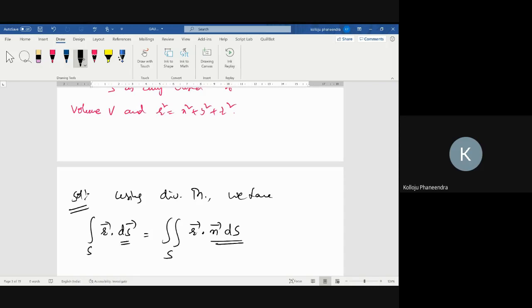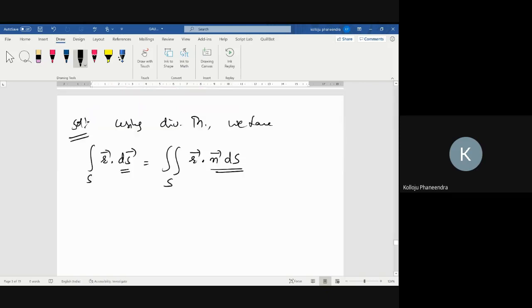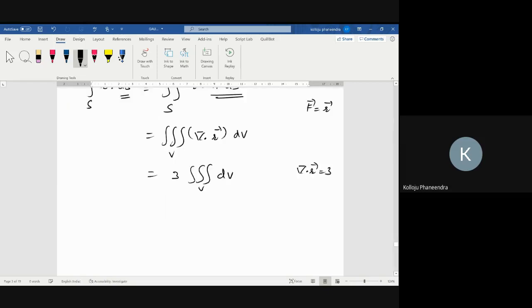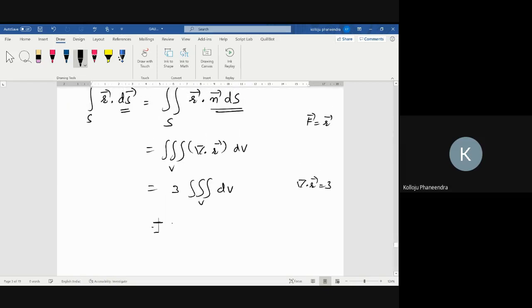So using Gauss divergence theorem, in place of f bar, here f bar is r bar. So triple integral over V of del dot f bar dV. What is divergence of r bar? You know the divergence of r bar is 3, right? So 3 times the triple integral over V of dV, which is 3V, where V is the volume.